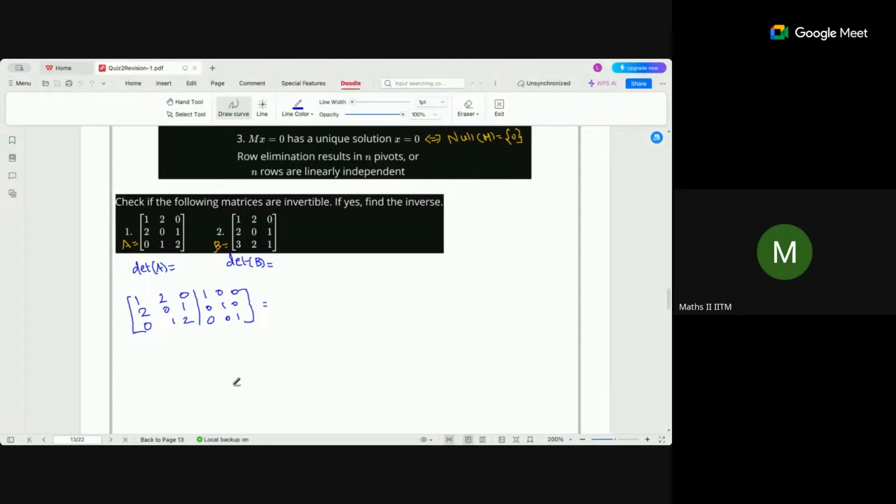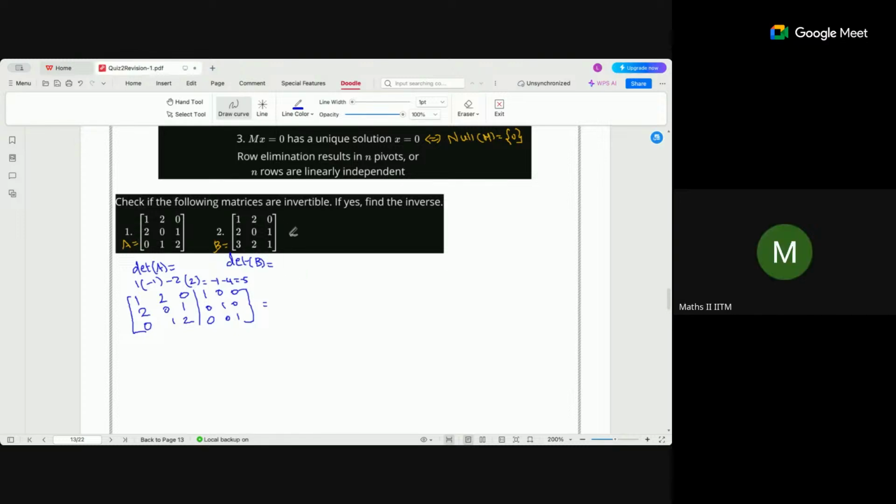Let me quickly do it. The determinant is 1 times ... minus 1 minus 2 times 2. Only this much is there, and this is becoming 0, so 0 minus 1, and for this you have 4. So minus 1 minus 4, that is minus 5. So is it invertible? Yes.